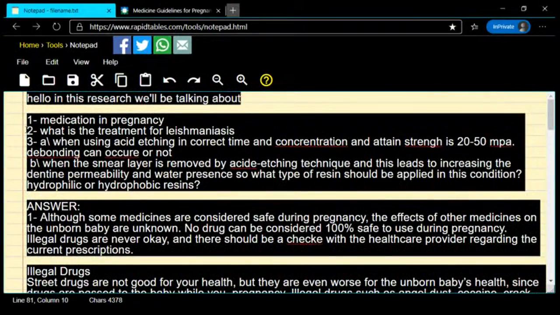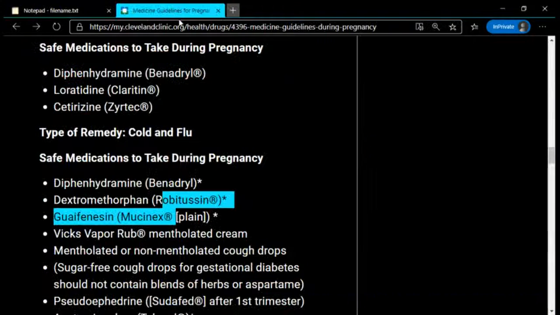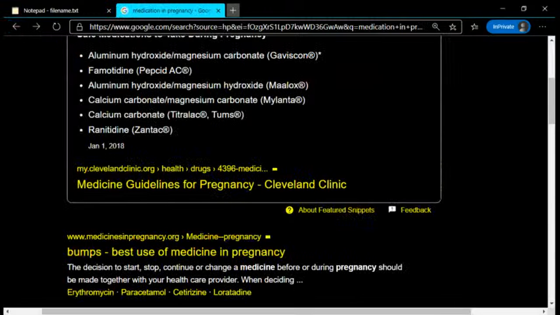Let's move on to what is the treatment of leishmaniasis. This is another research that we have to search for in Google, of course.